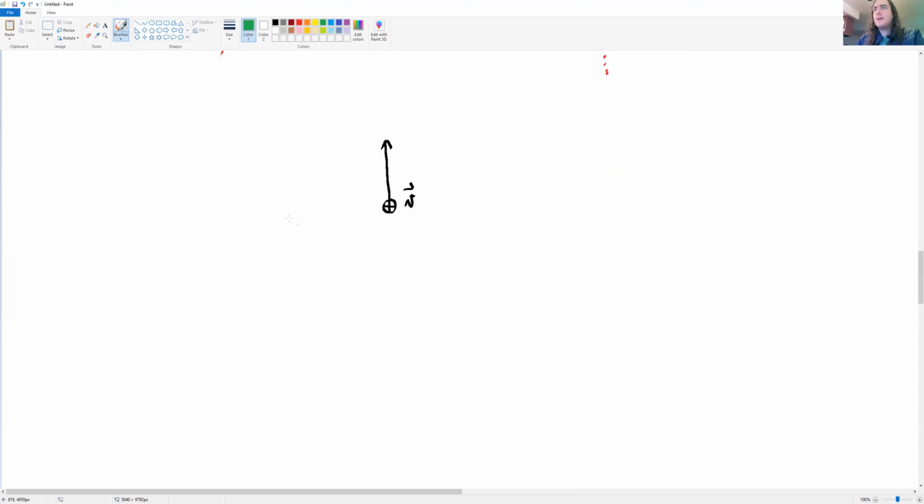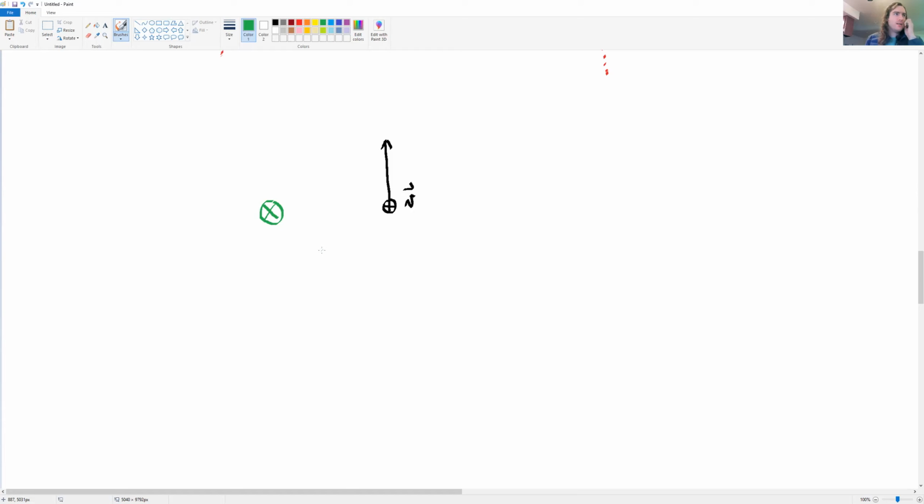And suppose that we have a magnetic field which is into the screen here. And suppose that magnetic field is everywhere and it's constant, uniformly into the screen.